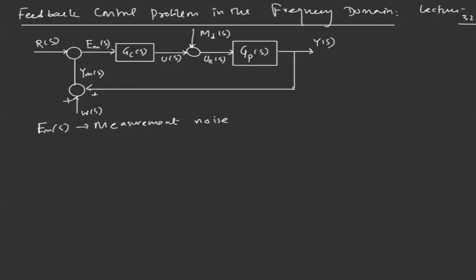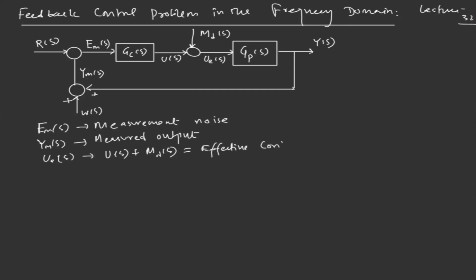and YMS is the measured output, and UES is basically US plus MDS, which is nothing but the effective control input to the plant.